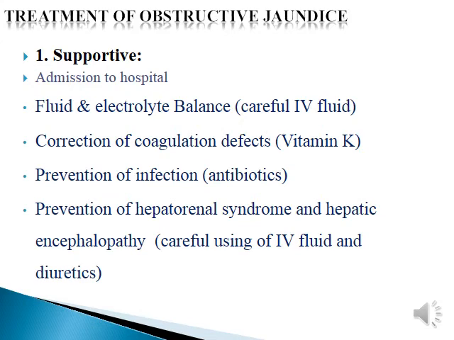Prevention of infection by using antibiotics, usually a third generation cephalosporin plus metronidazole. And finally, prevention of hepatorenal syndrome and hepatic encephalopathy by careful use of IV fluid and diuretics.